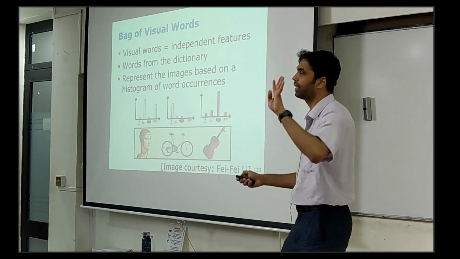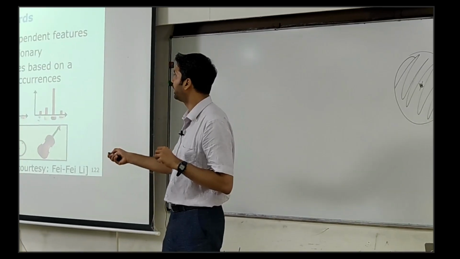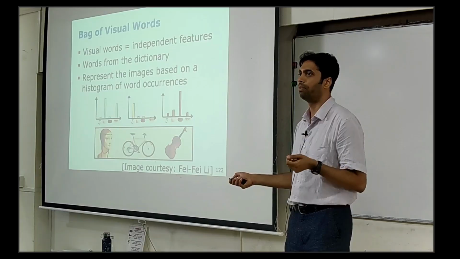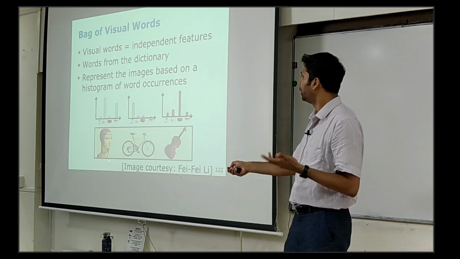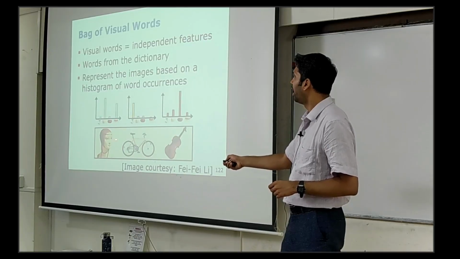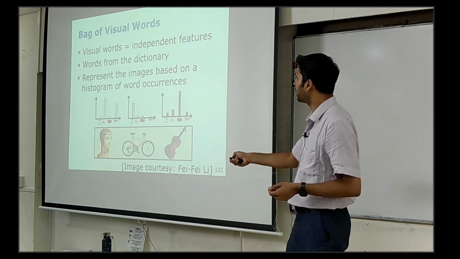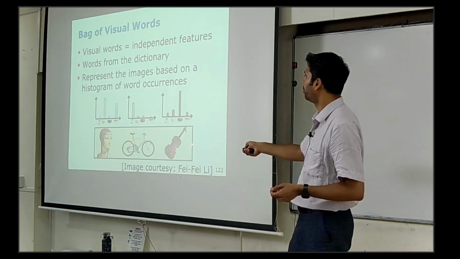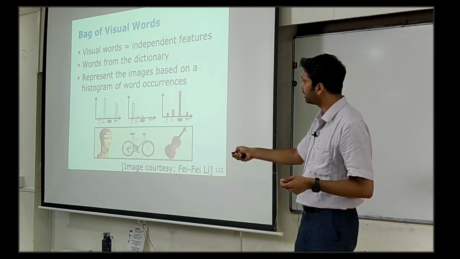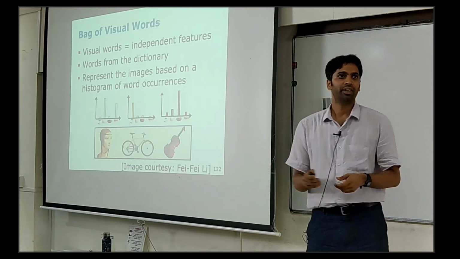In this case, our vocabulary has only 4 words, and I need to express the image in terms of a count of those vocabularies. So for the human body face here, the count of human features should be high. Maybe the eye is high. For the bike one, the bike parts will be high. For the violin one, things that look like violin will be high. So now you have converted this image to this histogram, right?